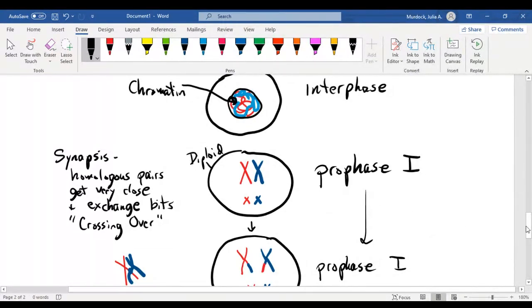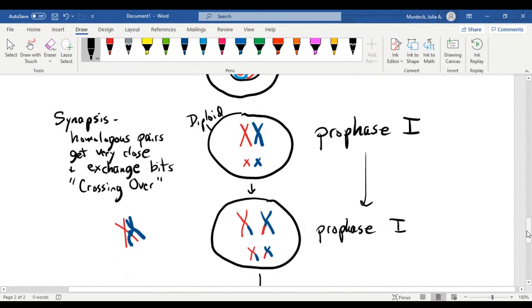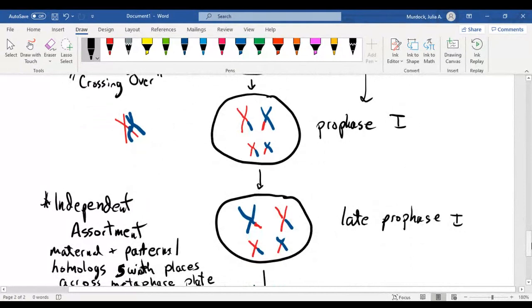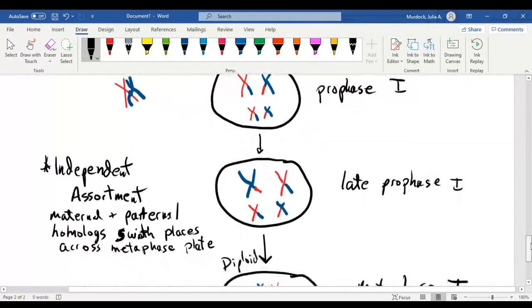In synapsis and crossing over, you are exchanging bits of the chromosomes, and that scrambles up the genes. That's one source of variation. That's called crossing over. And the other source of variation is that the maternal and paternal chromosomes might completely switch places before anaphase I begins. And that makes for entire chromosomes being shuffled back and forth.